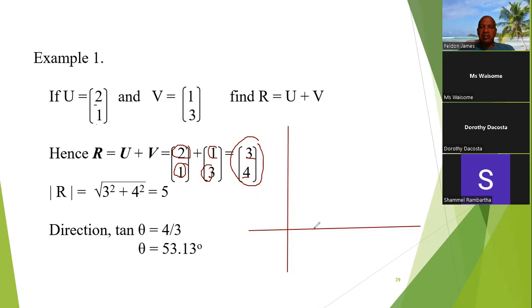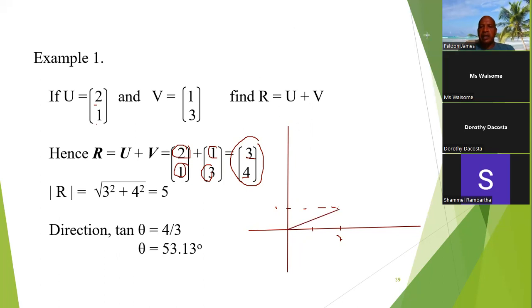So if you think in terms of the x-axis, you have 1, 2. So this is 2. x equals 2, y equals 1. So it means that if 1 here, you draw a line from the origin to that point.